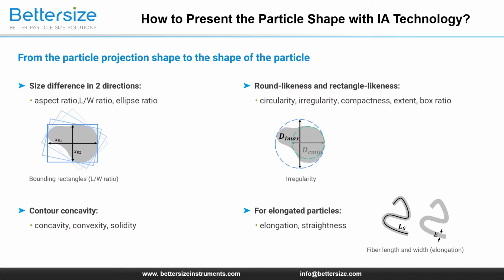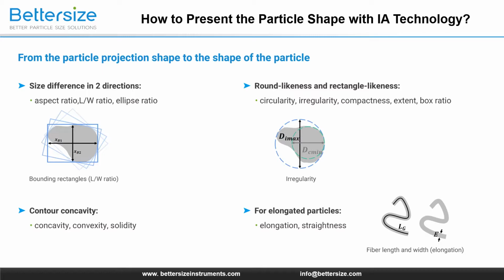Some of them describe the size difference in two directions. For example, the LW ratio is the ratio of the length of the minimum particle bounding rectangle to the width of it.